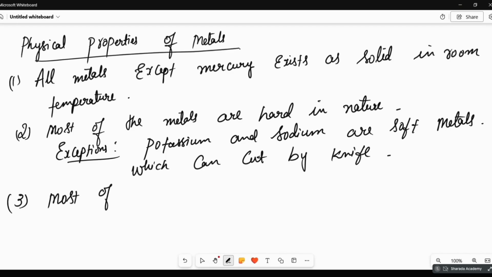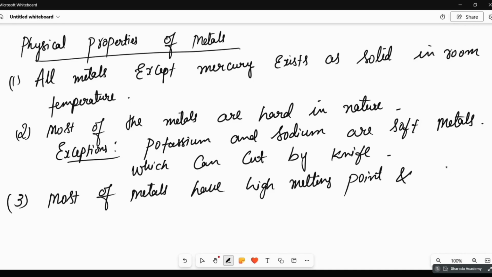Most of the metals have high melting point and high boiling point. So what is the exception for this third one?